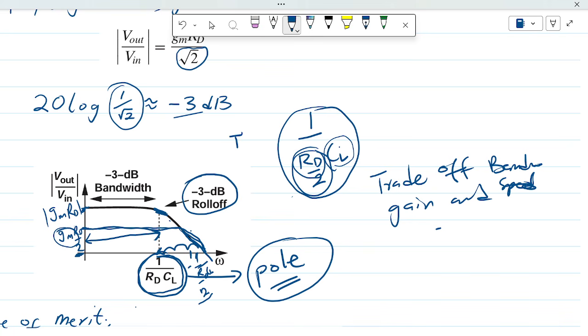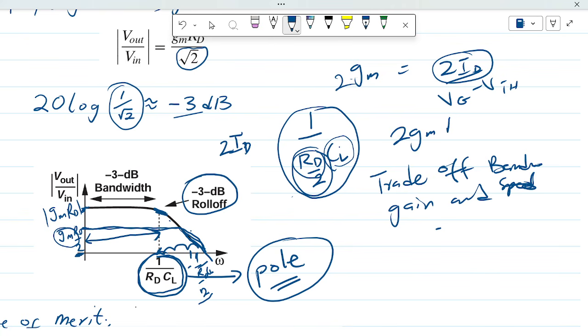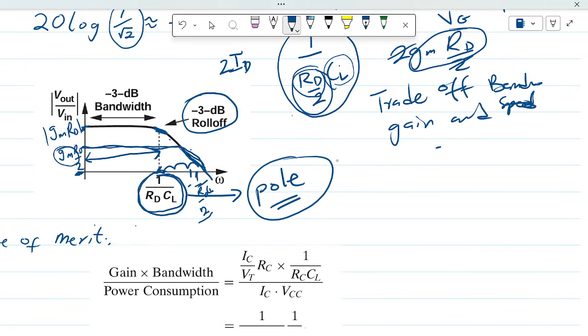So if I doubled ID, remember we know GM is a function of ID. So if I doubled my ID, then my GM should double, and in this case I'm going to get twice the original GM and the RD, which has been reduced by 2, and I'll get my original gain back. So this looks like I'm going to get gain and also bandwidth at the same time, but that comes at a cost of power consumption.